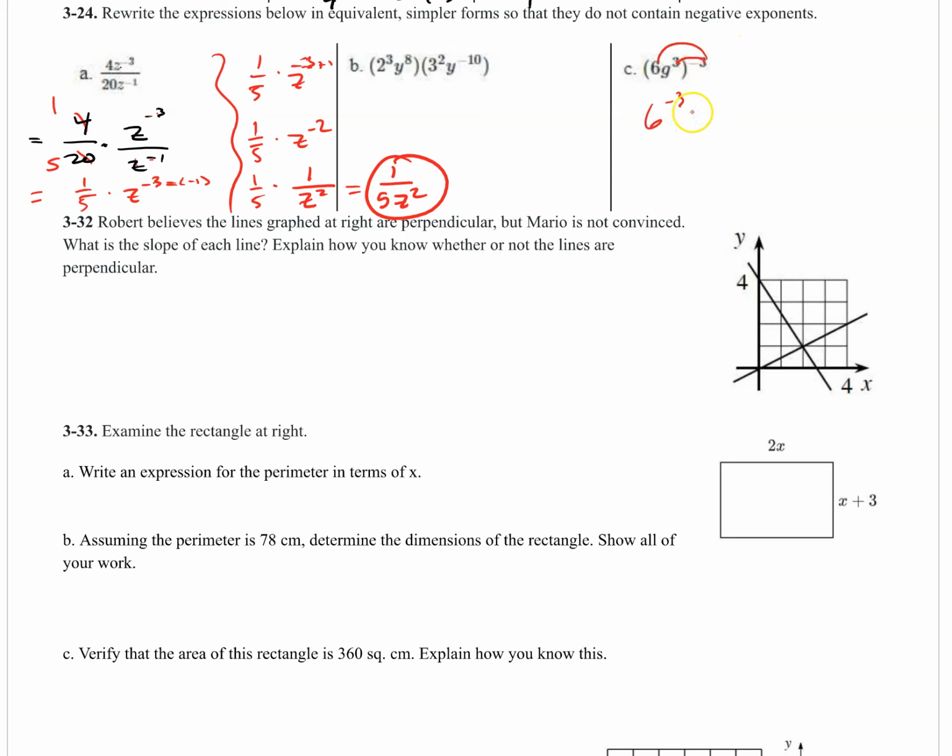So 6 to the power negative 3, g to the power 3 times negative 3, that's going to be negative 9. So we have 1 over 6 to the power 3, g to the power 9. Same as this one. Negative exponent means have it cross over the line and change the sign on the exponent. Make them both positive. And just a quick note here that 6 to the power 3 is actually equal to 216. Use your calculator.